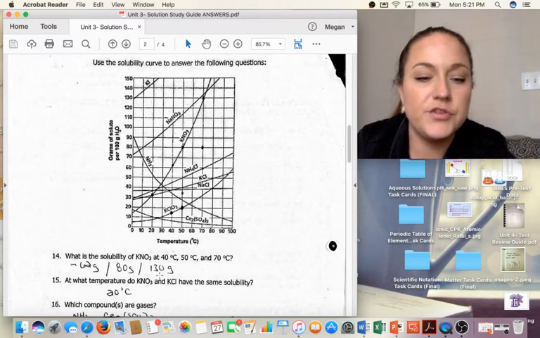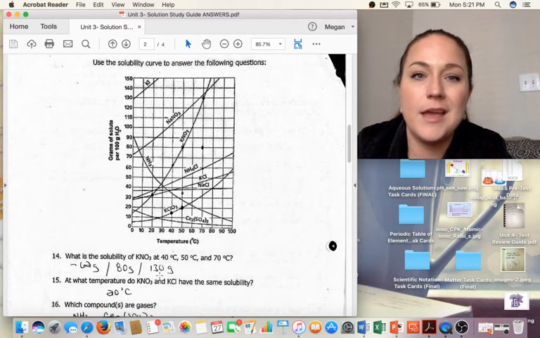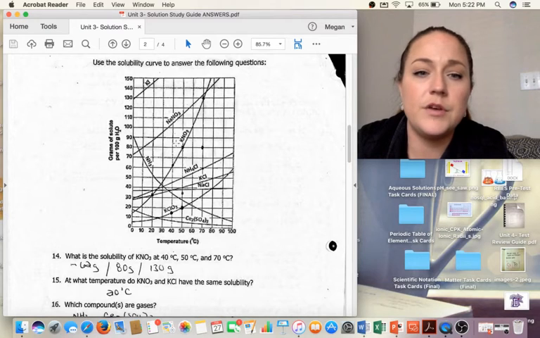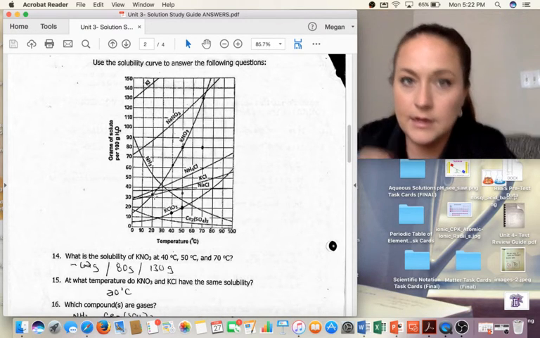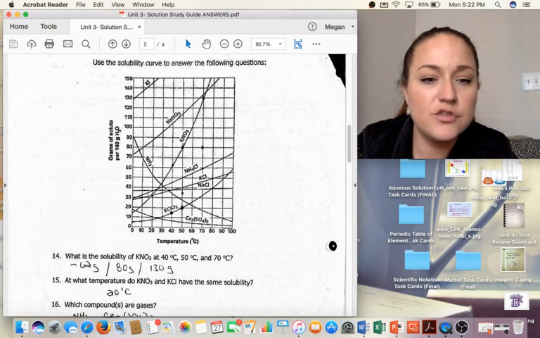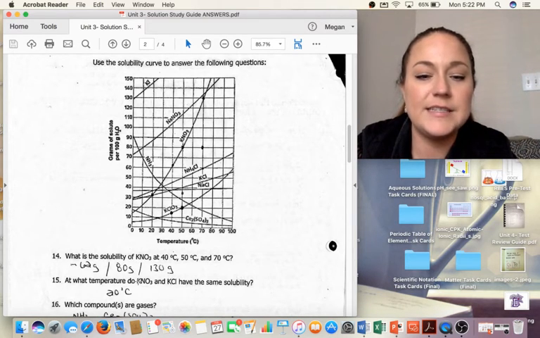So what temperature do KNO3 and KCl have the same solubility? So you have to first identify each of the lines. So KNO3 is here, and KCl, potassium chloride, is here, meaning that they intersect, crisscross, come together right here at 20 degrees Celsius.